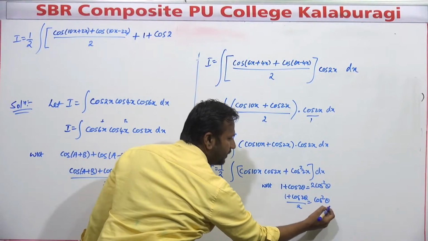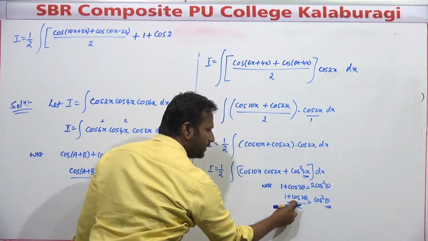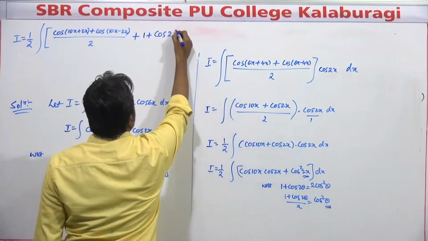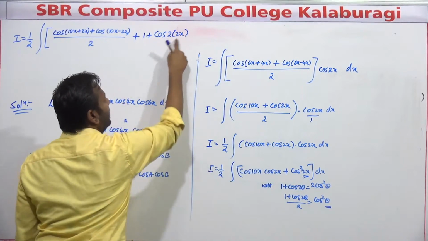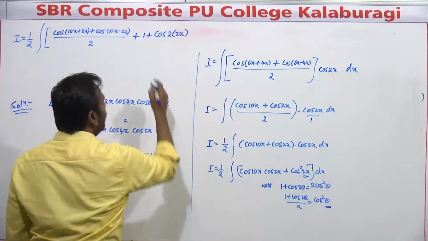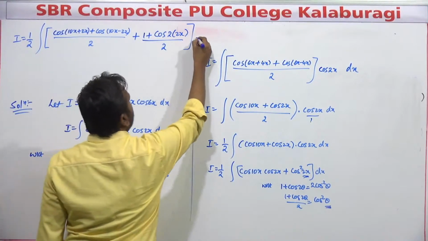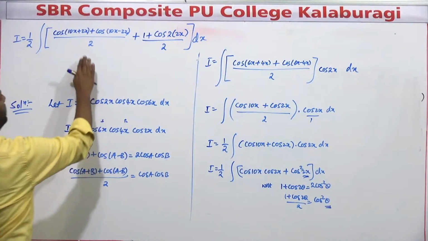Cos square 2x, so theta is 2x. So 1 plus cos 2 into theta. Theta is 2x here. Carefully you should substitute here. Cos 2 theta, theta is 2x now. Whole divided by 2. Okay. With respect to x. Got it now?